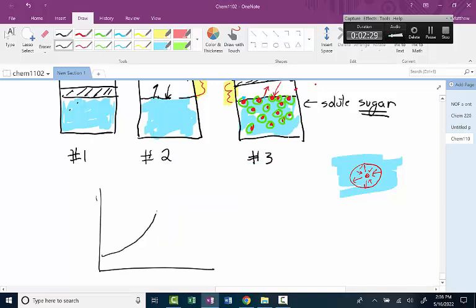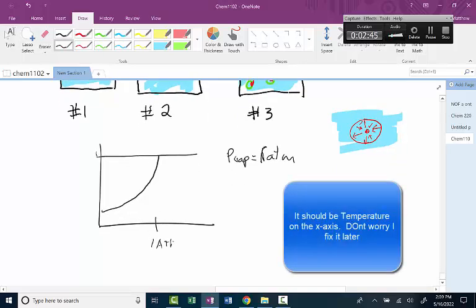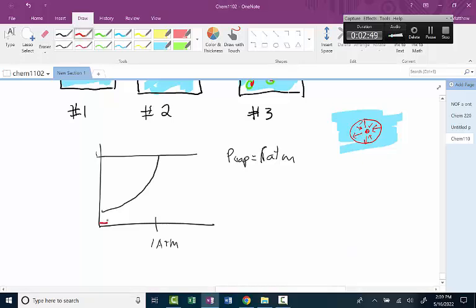Now, this has a direct effect on the boiling temperature, because if you remember, the boiling point is the point at which the vapor pressure is equal to 1 atmosphere. So if 1 atmosphere is here on my graph, and I lower the vapor pressure, remember what that looks like. If this is vapor pressure, and the black line is water, here's what the vapor pressure will look like.